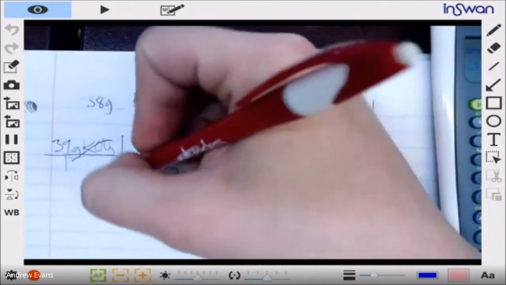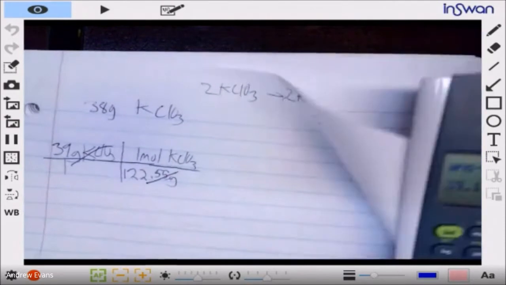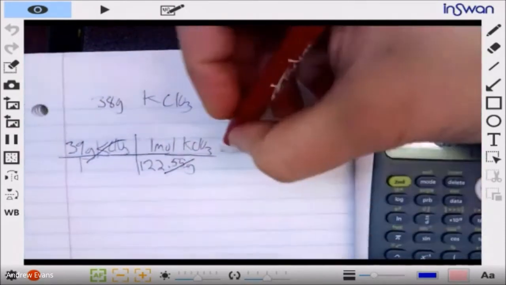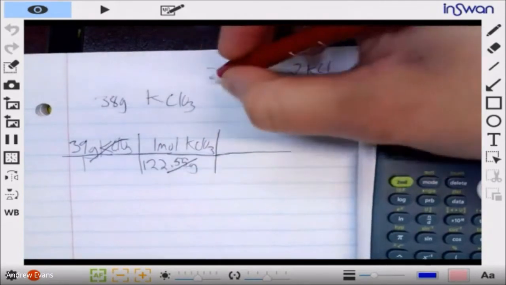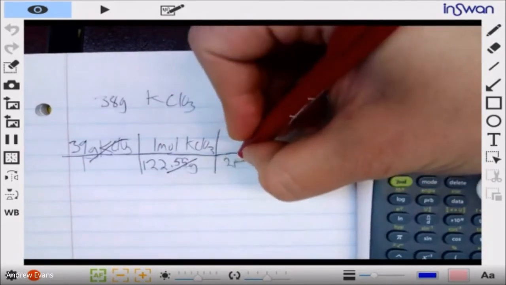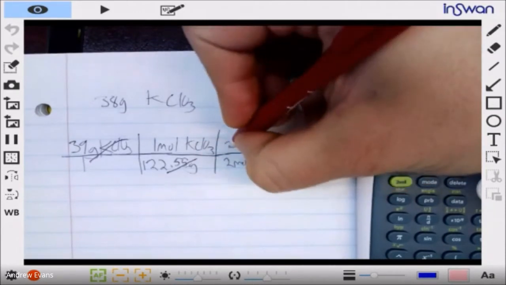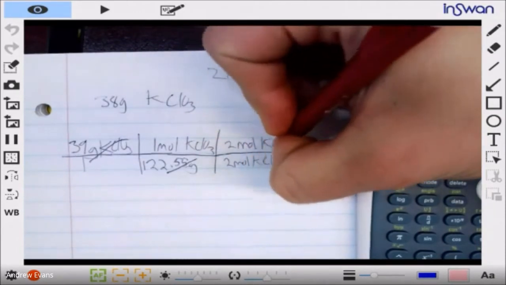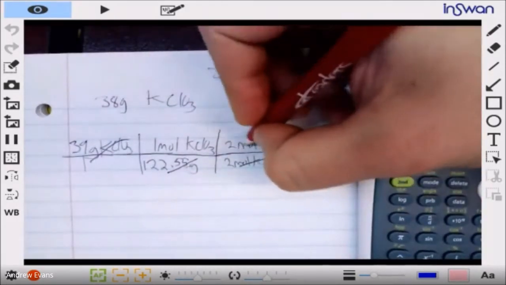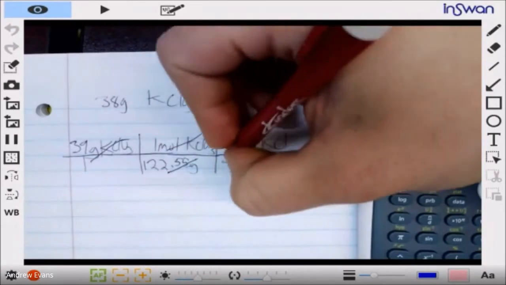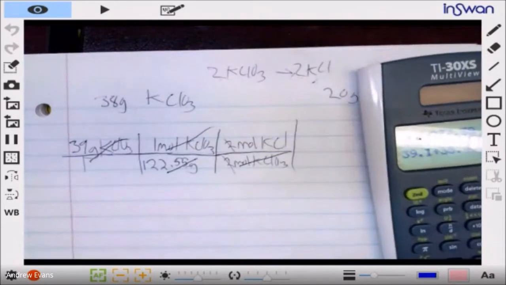So I've divided by grams to cancel out grams. I need to figure out the theoretical yield of KCl, so I'm going to turn this 2 to 2. For every 2 moles of KClO3, we have 2 moles of KCl from the balanced chemical equation. That will simplify to a 1-to-1 ratio, so we don't actually have to do that math, but if you want to strain your brain, go ahead.